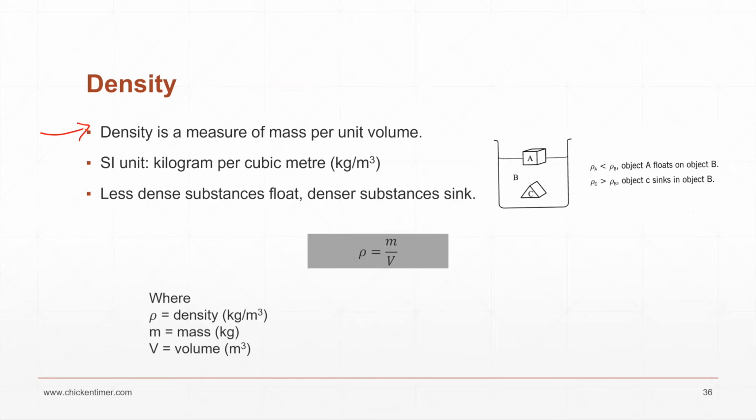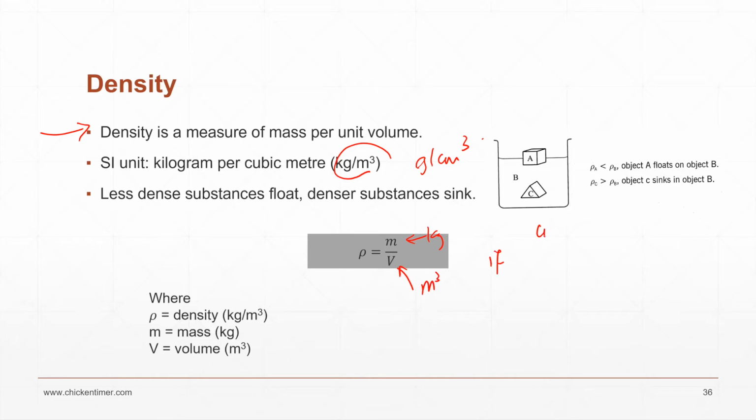Okay, so density is mass per unit volume. So the unit is usually kilograms per cubic meter, but sometimes we use gram per cm cube also. So if we were to do calculation, then mass will be in kilograms and volume will be in cubic meters.